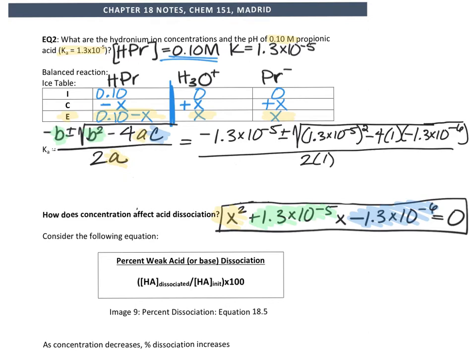So what I would suggest doing is evaluating this expression first, and then evaluating this expression, and then subtracting them from each other. So let's take b squared. 1.3 times 10 to the negative 5 squared gives me 1.69 times 10 to the negative 10. All right, and then 4ac, let's do that.